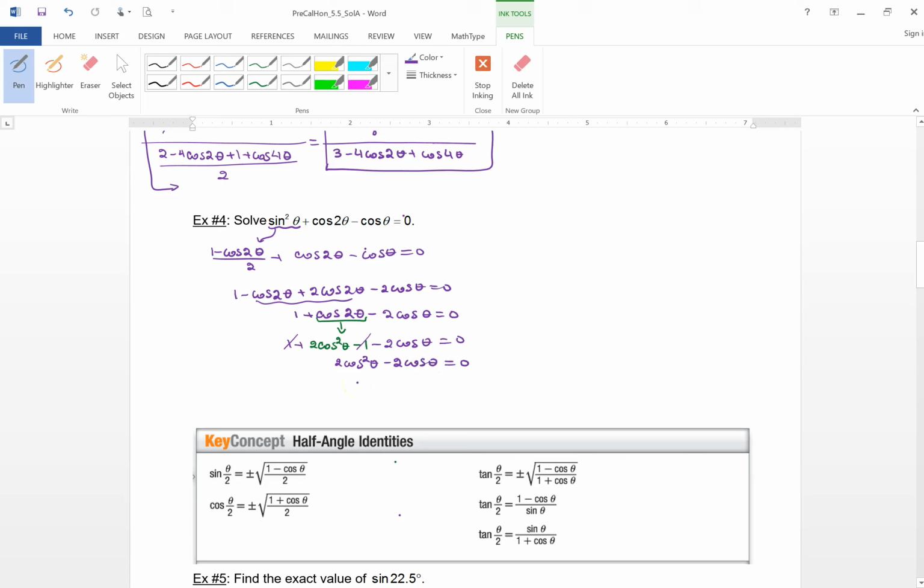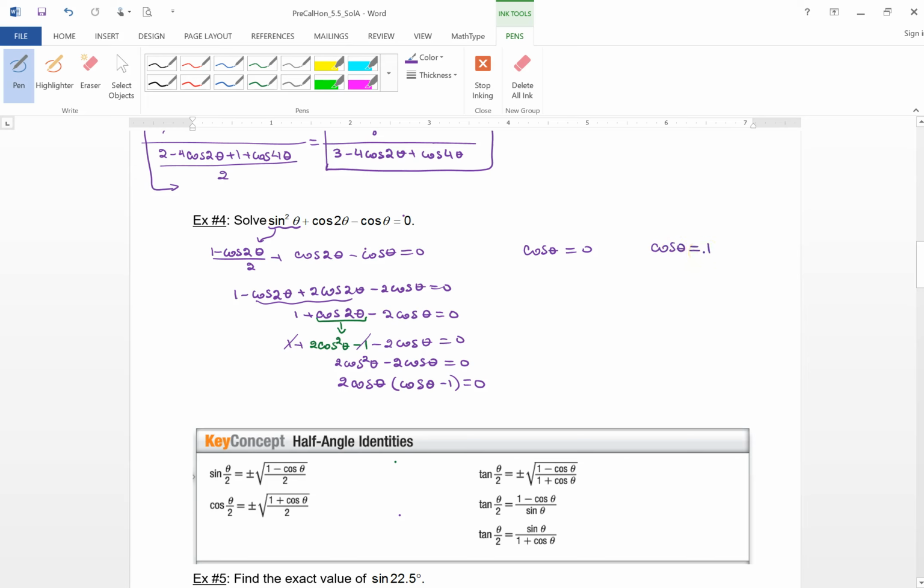Divide through by 2. Actually, let's just combine steps. We can take out a 2 cosine theta, and we get cosine theta minus 1. So here I have that cosine theta equals 0, or cosine theta is equal to 1.